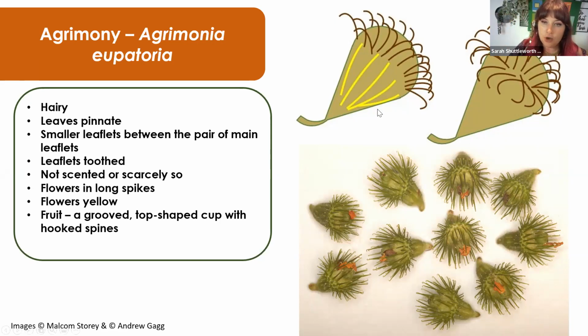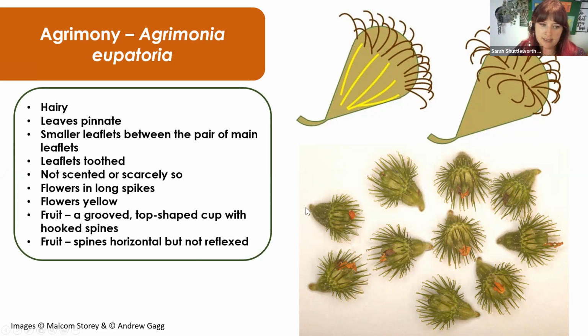In common Agrimony, which is the indicator for this habitat, it's got a grooved top-shaped cup, which I think means like a spinning top, with hooked spines along the top. You can see this is the actual image of the seeds here. You can just about make out from this image that it's grooved, which I've tried to represent in this image.